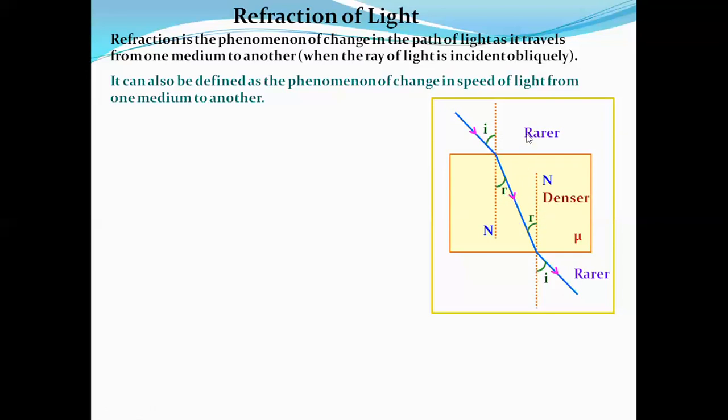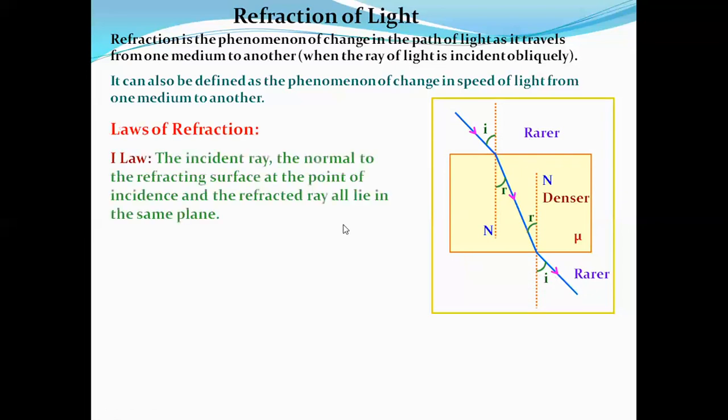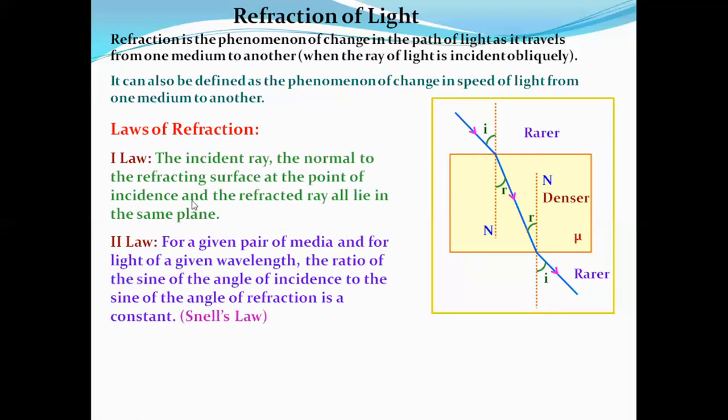And this is the rare medium, this is the denser medium, and we know that when light enters from a rare medium to a denser medium, the light ray comes close to the normal, and when light goes from denser to rare, it goes far away from the normal. We know the two laws of refraction.